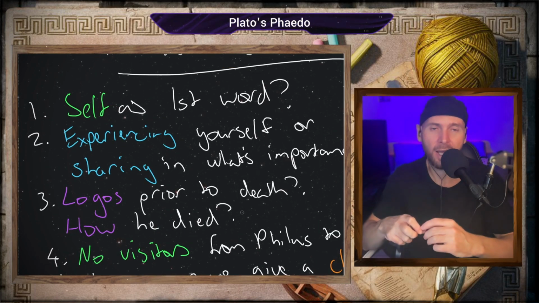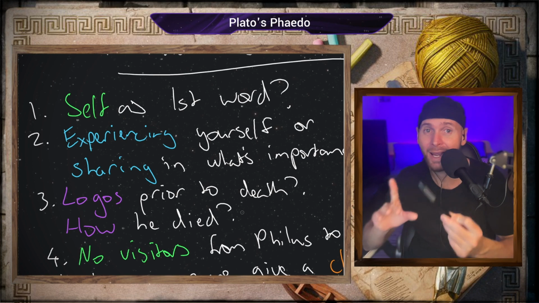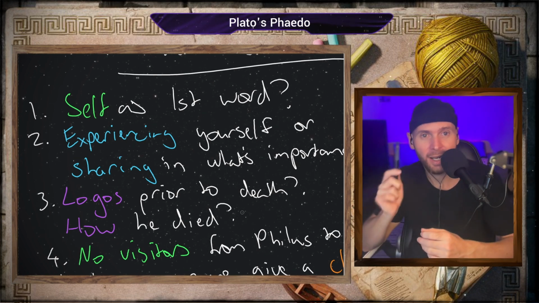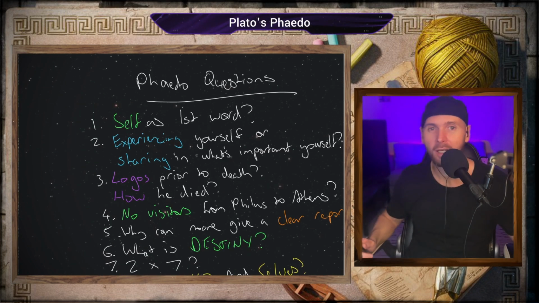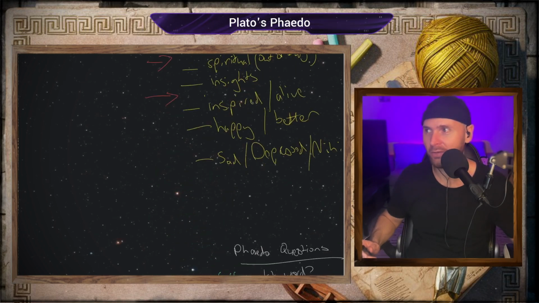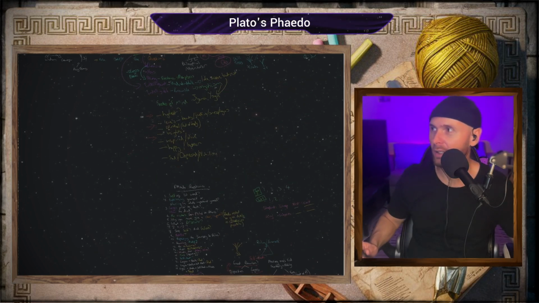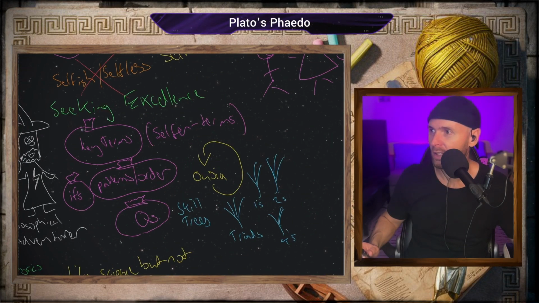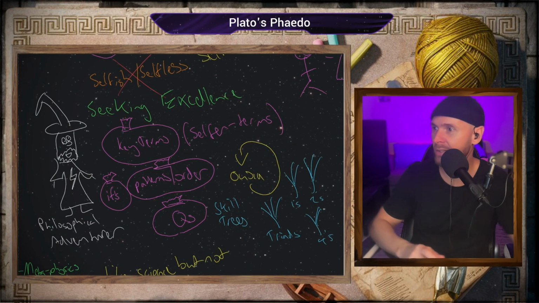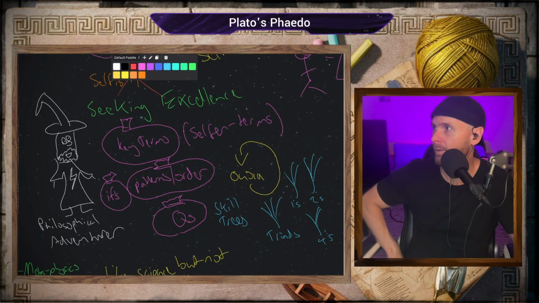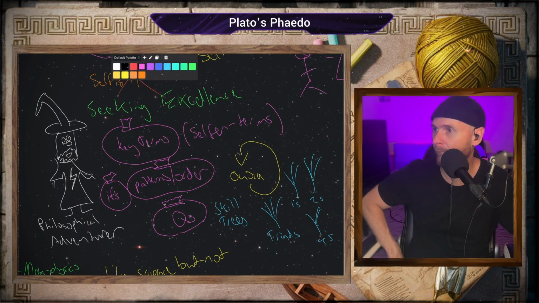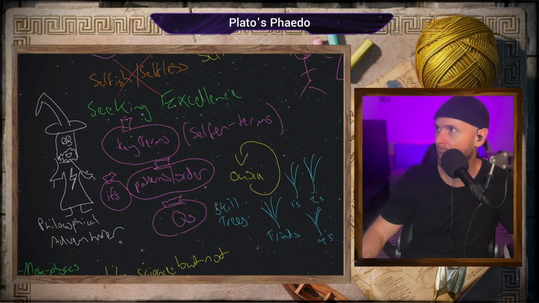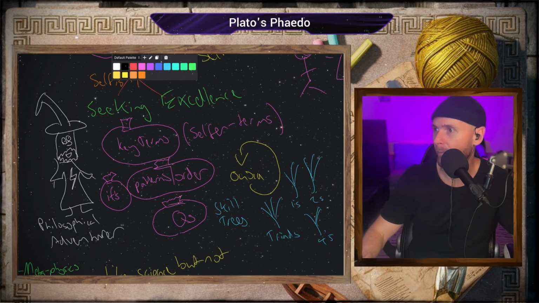So the significance of having these skill trees and these triads and these questions allows us to get our sewing needle of infinite truths. That's a weapon that we discovered in the Parmenides. It's a weapon that we have at our disposal.